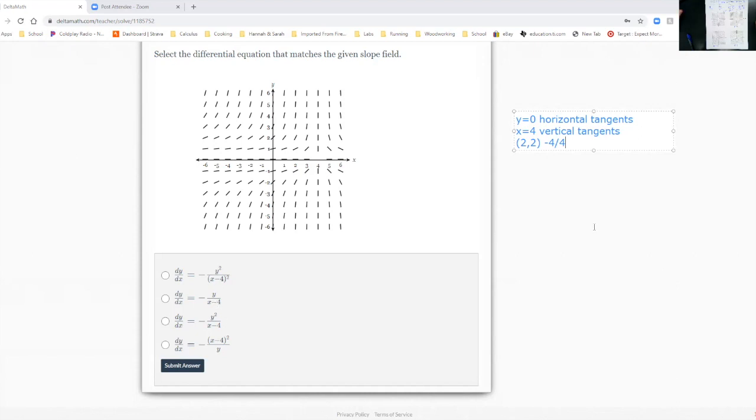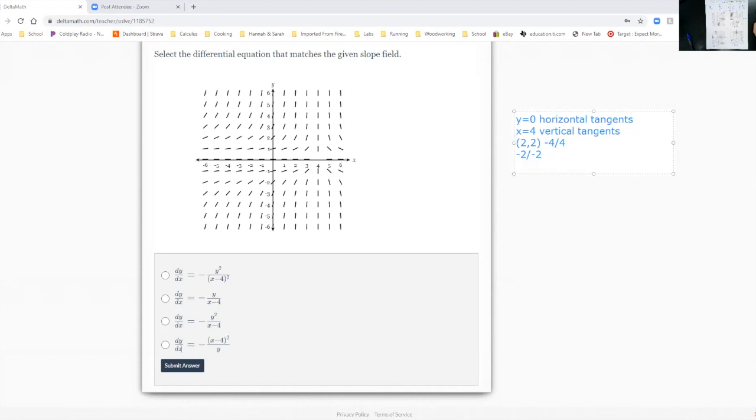Let's try (2, 2) in the second one. We would get negative 2, divided by 2 minus 4, which is negative 2. So we have negative 2 over negative 2, which is positive 1. So it could be this one.